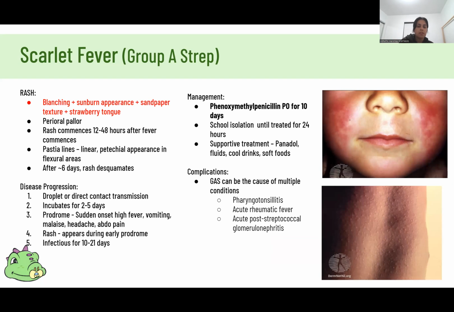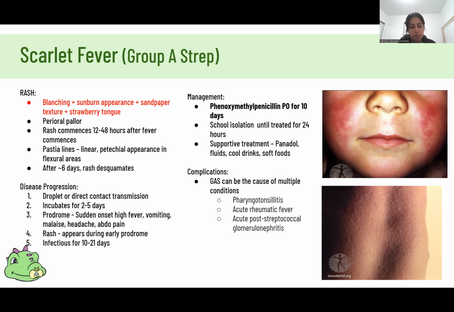Cool. So scarlet fever is caused by group A strep. It's a sandpapery rash that develops across the trunk, and then also often a sunburnt appearance that's more on the face, with perioral sparing or pallor.